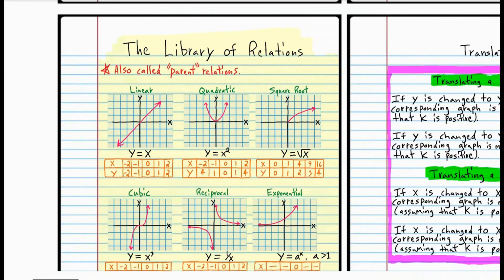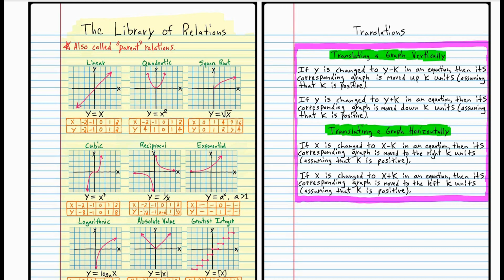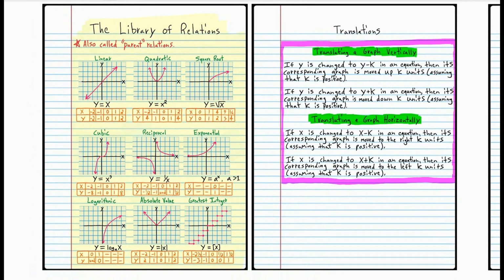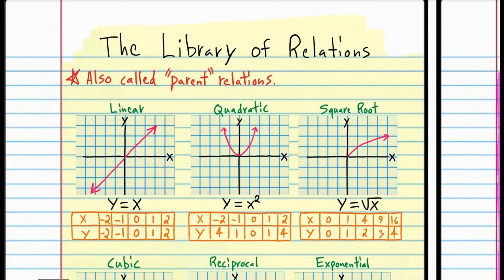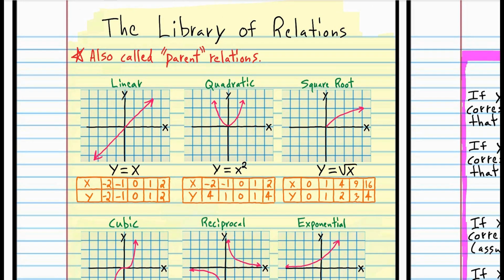Now, this is a really important part of the curriculum because we're going to learn something called the library of relations, and you're going to use this library from now until the end of your math education. These are also called parent relations because we're going to create a lot of complex equations that are modifications of these basic relations.